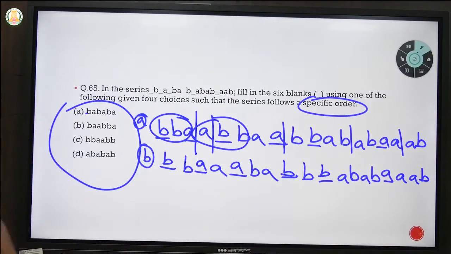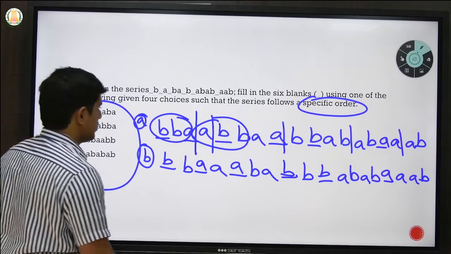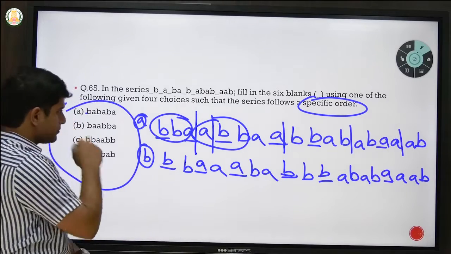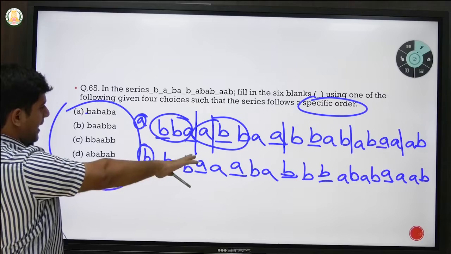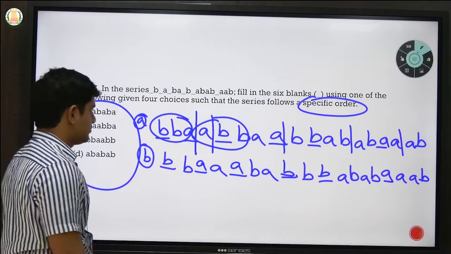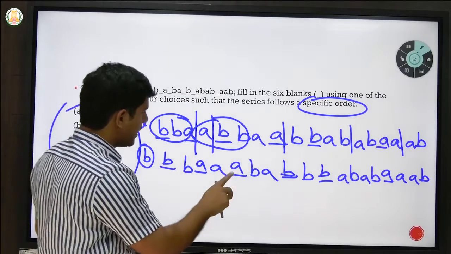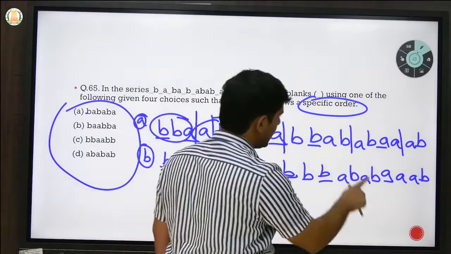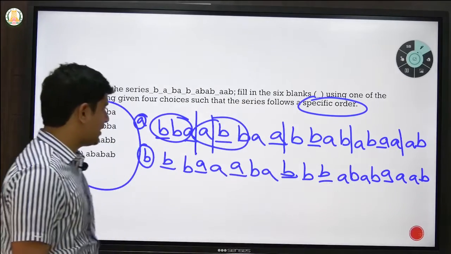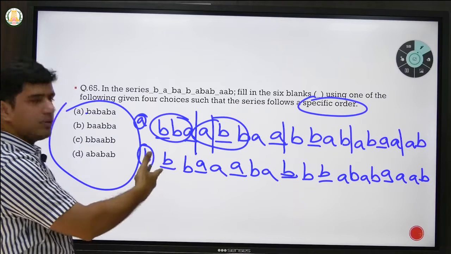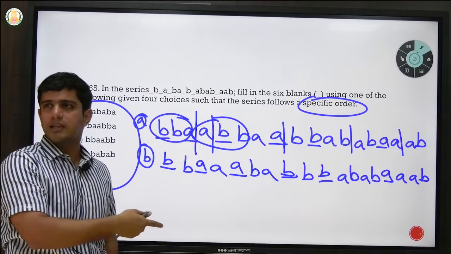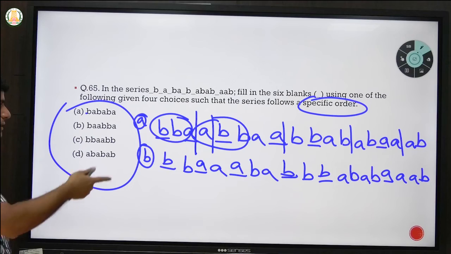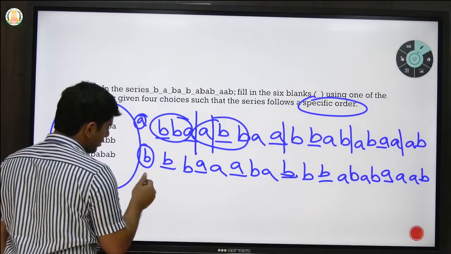You can do it simultaneously along with me. Okay, now let's see if there is any pattern. It says B, B, A, A, B, A, B, B, B, A, B, B, A, B. Again, somehow I can't find any pattern in this. Can anyone find some kind of a recurring theme in this? At least I can't find one. Let's keep this on hold again.